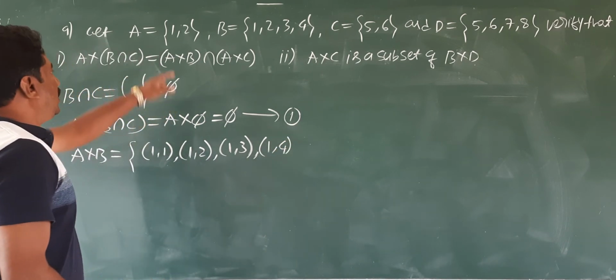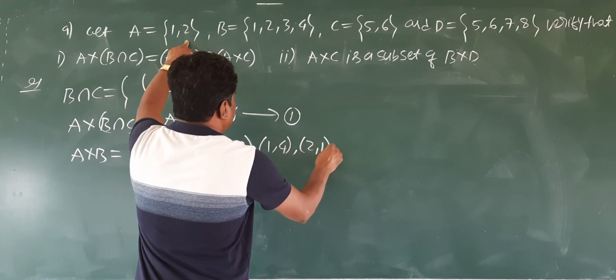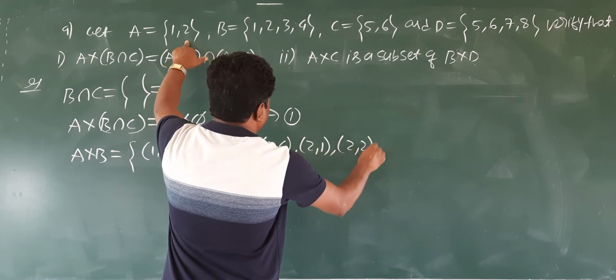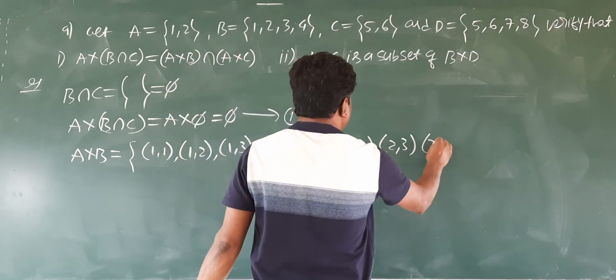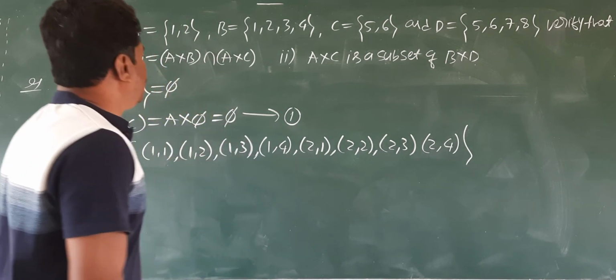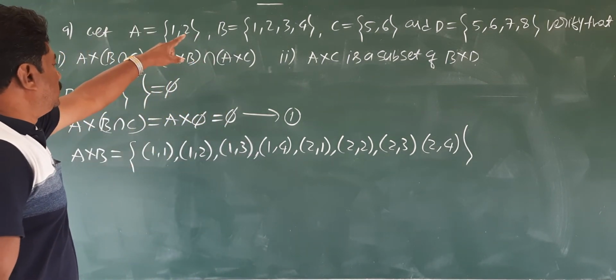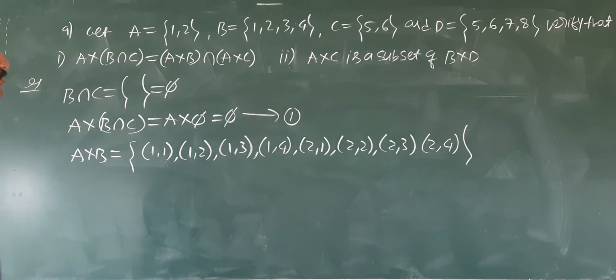Next you take 2. So 2, 1. 2, 2. 2, 3. Next 2, 4. This is A cross B. Next you find out A cross C.